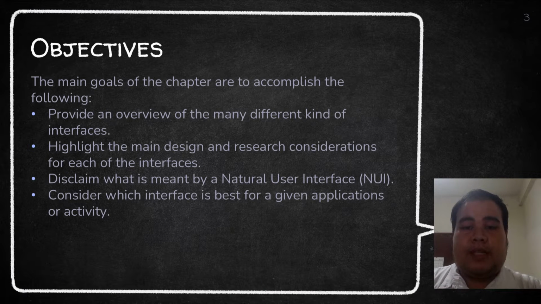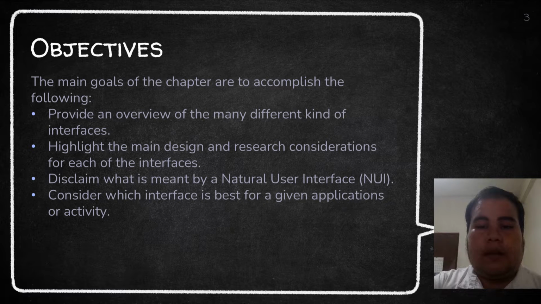But before we discuss this chapter, let us first know what are the objectives of this topic. The main goals of this chapter are to accomplish the following. Number 1. Provide an overview of the many different kinds of interfaces. Number 2.